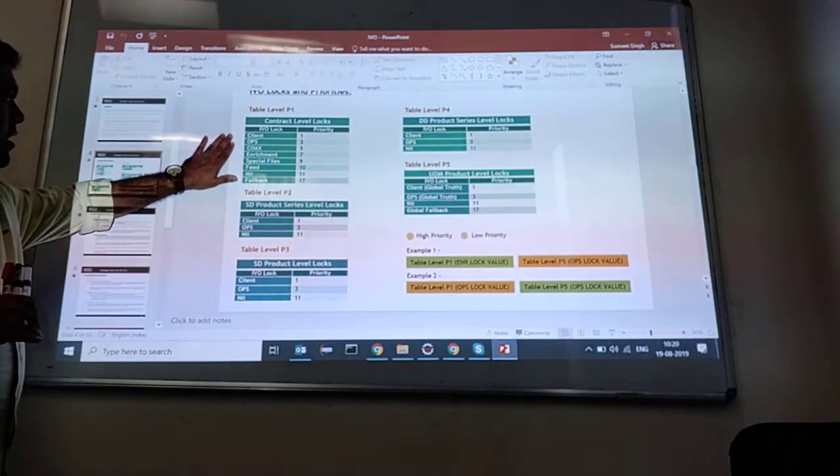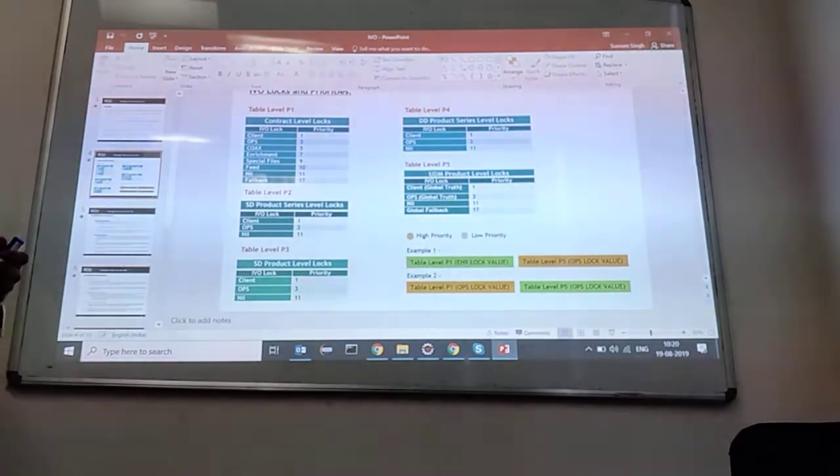So there are 5 tables over here, so I'll just write it down.